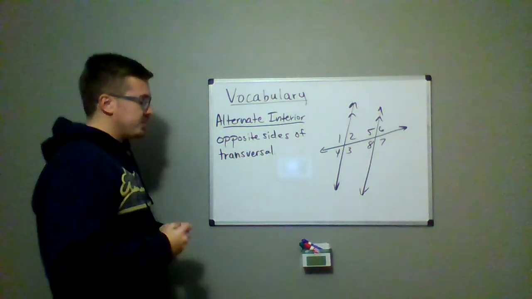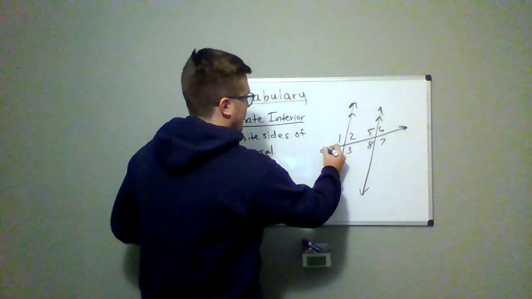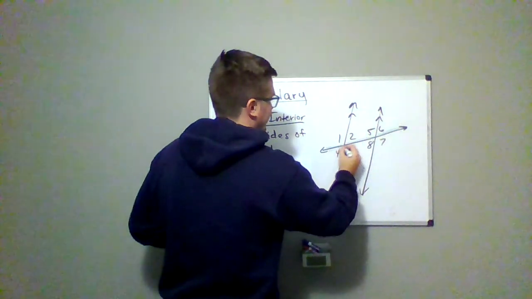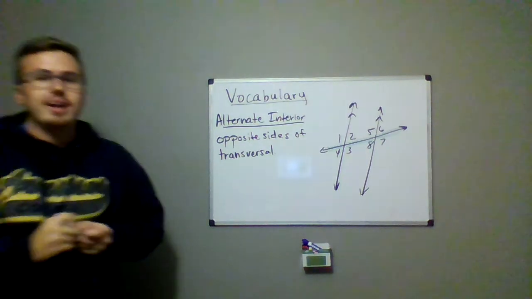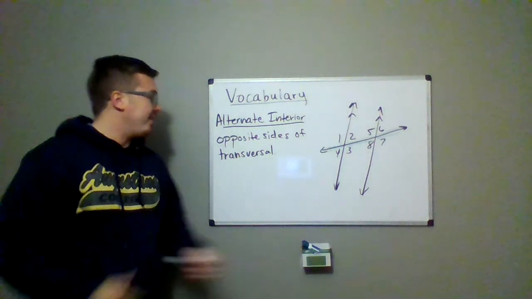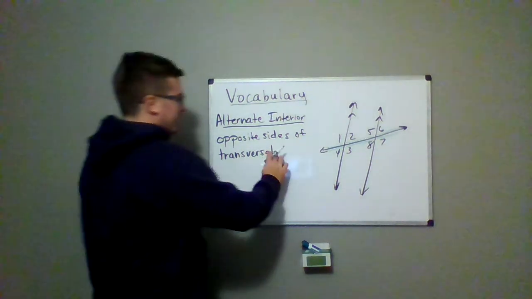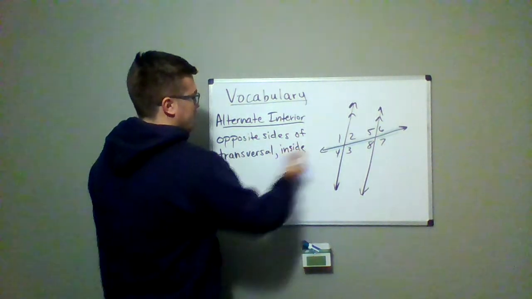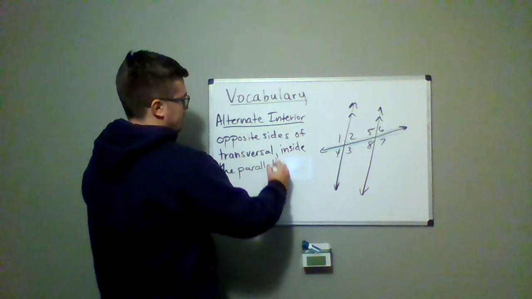So if our transversal is this line going right through the middle here, I'm going to kind of draw it a little bit with green, highlight it a little bit. Transversal is that green line going down the middle. And then the other part is interior. And interior just means inside the parallel lines.